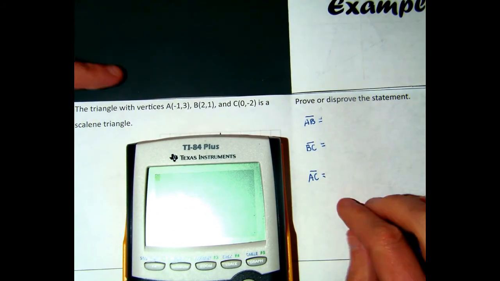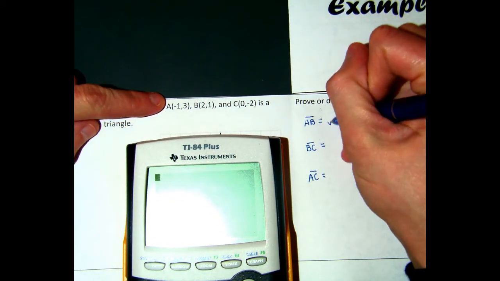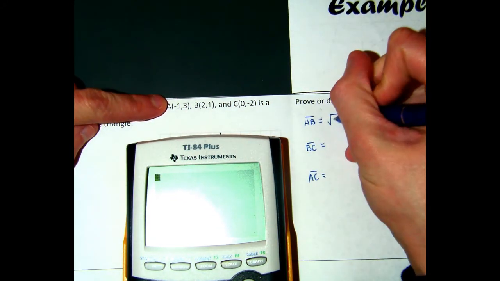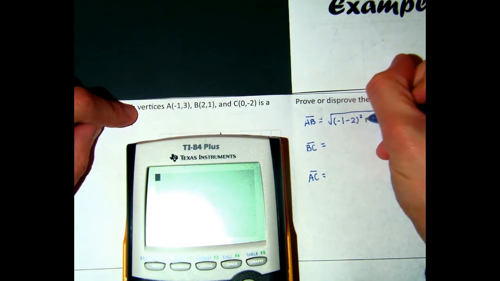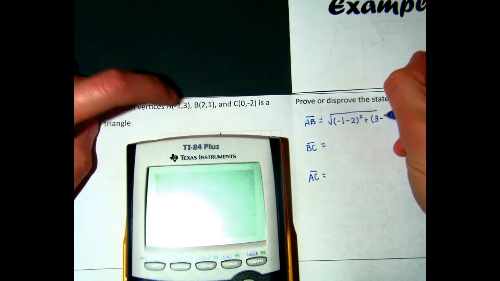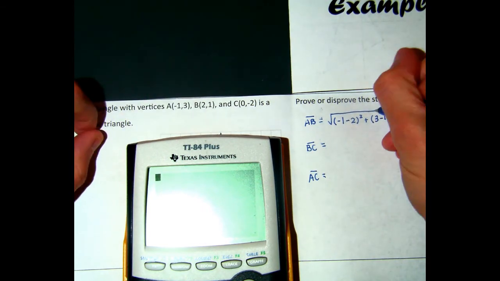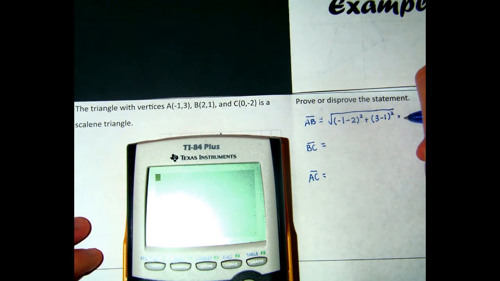All right, so I've got my vertices up here. Using, again, the distance formula, we're going to use that a lot with coordinate proofs. For AB, negative 1 minus 2 squared plus 3 minus 1 squared. Okay.